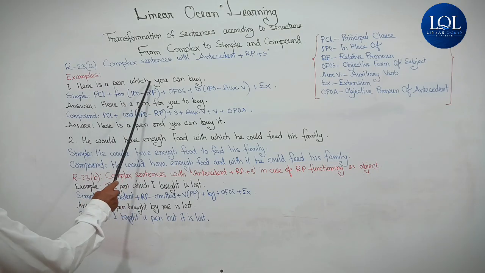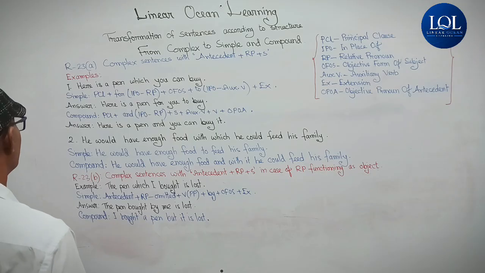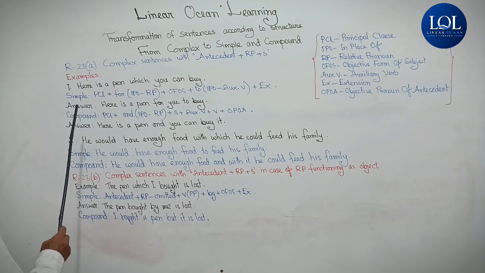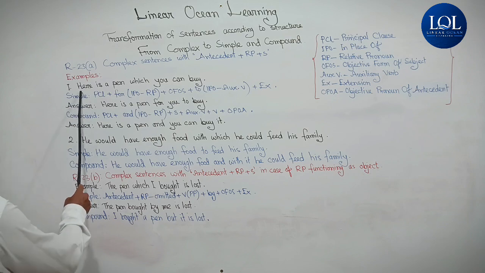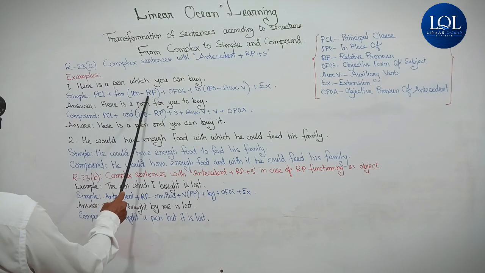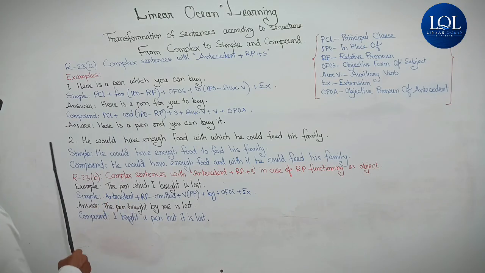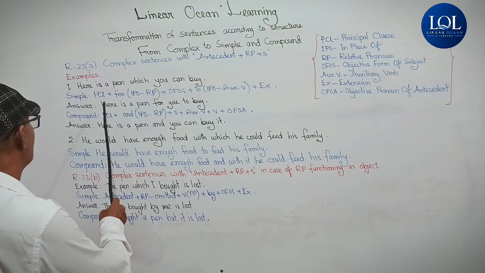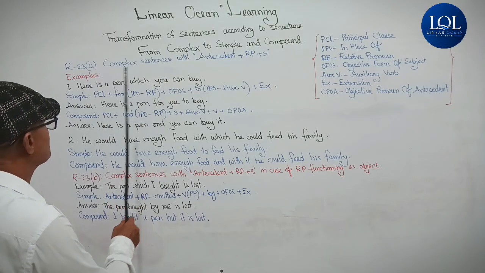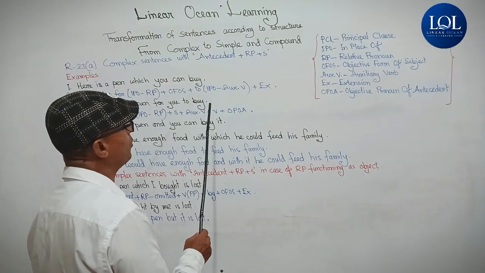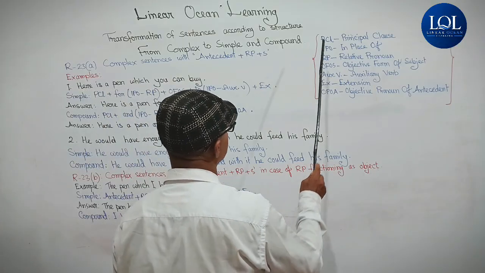Here is a pen which you can buy. If we want to put it into a simple sentence, the structure we have to follow is PCL, meaning principal clause, here is a pen, then IPO, meaning in place of. Viewers, to make you understand the structure I have written, you need to know some abbreviations.